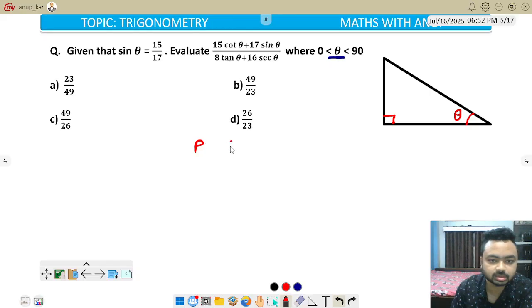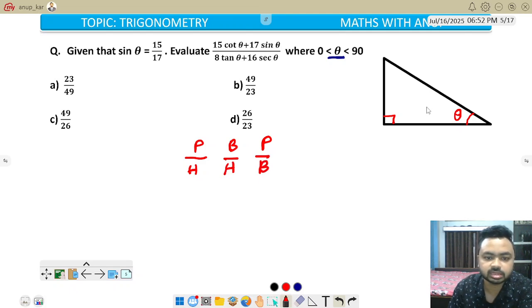Again, let me write it down here: Pandit Bhola Prasad, Hari Boliye. So sin theta is nothing but perpendicular by hypotenuse.